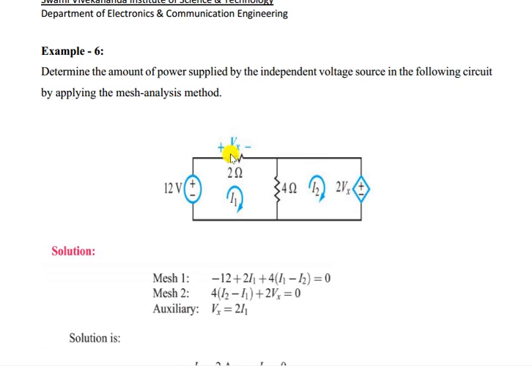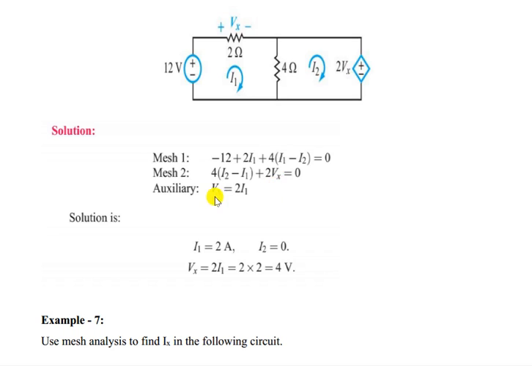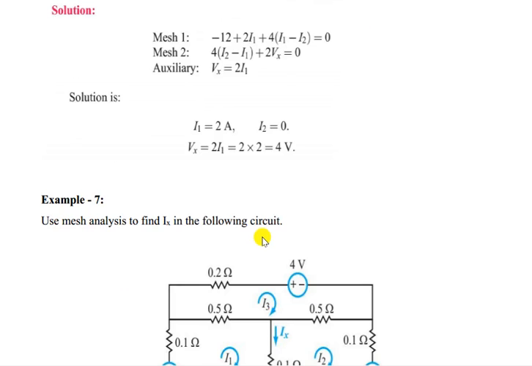Now Vx is where, here, plus minus. So this value is nothing but the voltage across a resistor. What is the value? V equal to IR. What is the current flowing through this? I1. That is 2 into I1. So we can put the Vx value here and we can solve these two equations. We will get I1, I2 as well as the value of Vx.